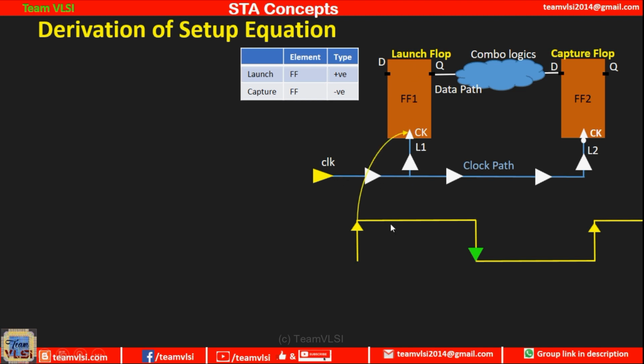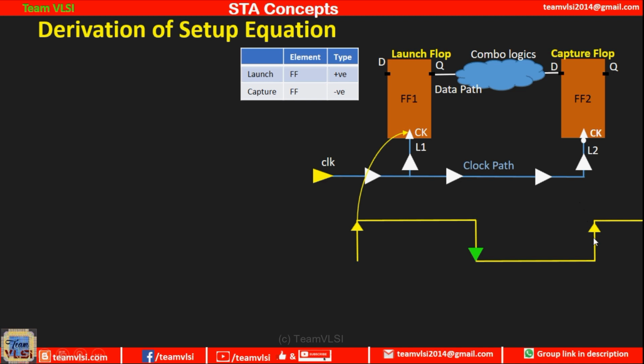In the previous session we saw that after the clock to Q delay, data will be launched by the launch flop and captured by the capture flop on the next positive edge.